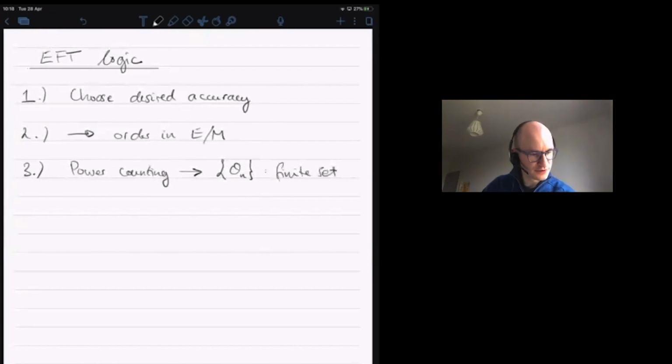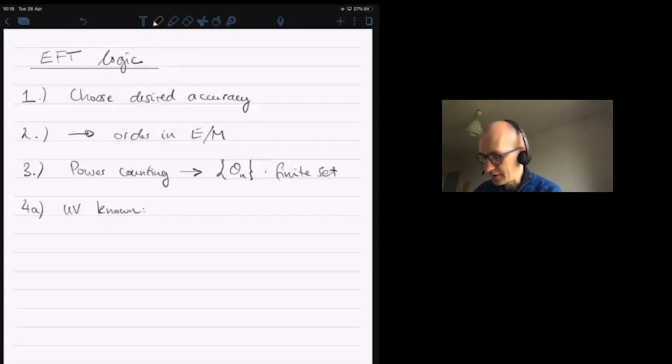Then in the fourth step, there are two ways. Either we are in the case where we know the UV theory, which we discussed briefly last time. Then we can attempt to calculate, even though in a known theory this may be very complicated, the coefficients C_N of these operators to the desired accuracy by matching.